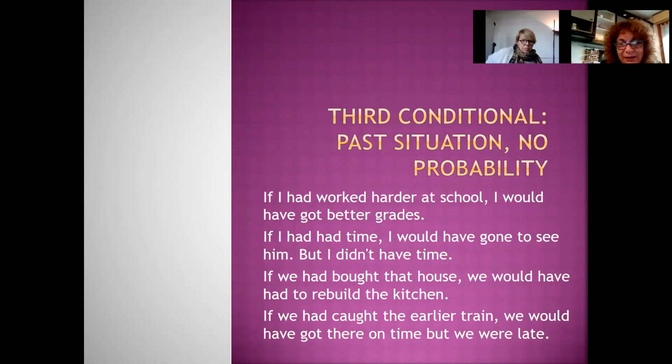If I had had time, I would have gone to see him, but I didn't have time. If we had bought that house, we would have had to rebuild the kitchen. Yes. If we had caught the early train, we would have got there on time, but we were late.